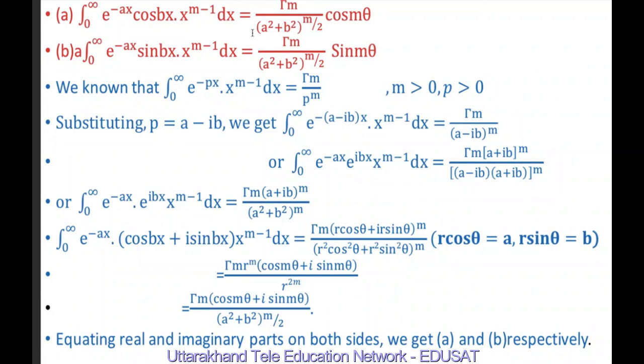This is result a. If we equate the imaginary part, then the integral from 0 to infinity of e raised to minus ax sin bx x raised to m minus 1 dx is equal to gamma m sin m theta upon (a square plus b square) raised to m by 2, which is result b. So if we equate the real and imaginary parts on both sides, we get the results a and b respectively.